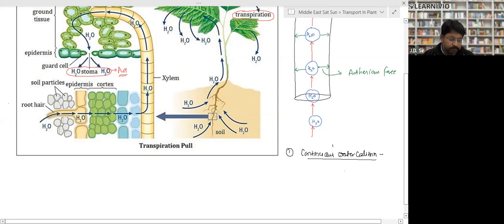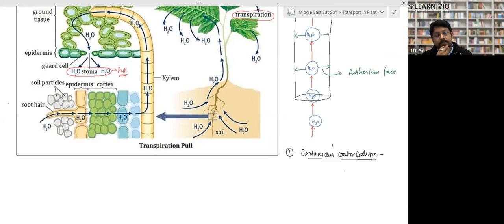The column of water does not fall under the impact of gravity, because force of transpiration provides both energy and necessary pull.